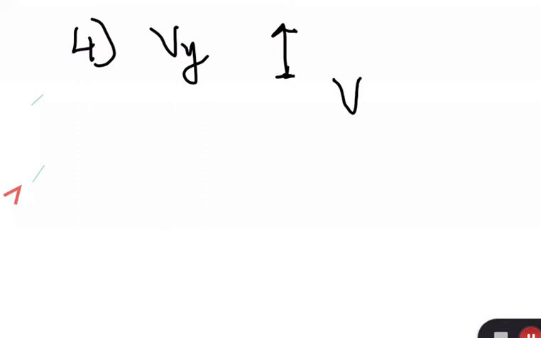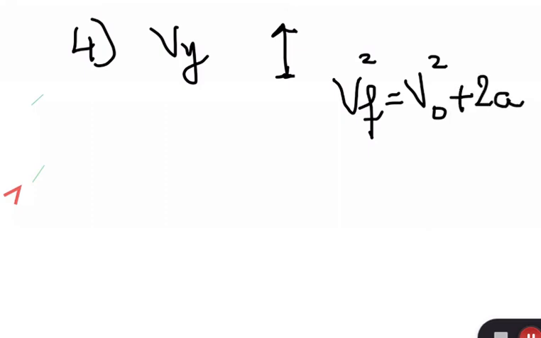And for the last two questions, number 4 is asking for the Vy final. When this is moving in this direction, following the vertical motions, we can also apply the formula we used before: Vf squared equals v0 squared plus 2 times acceleration times distance.